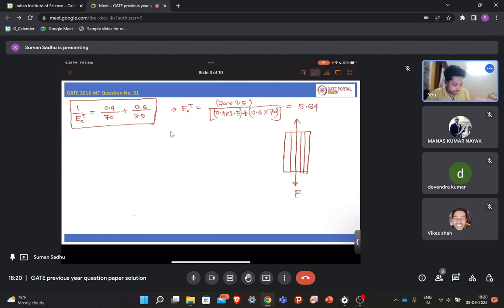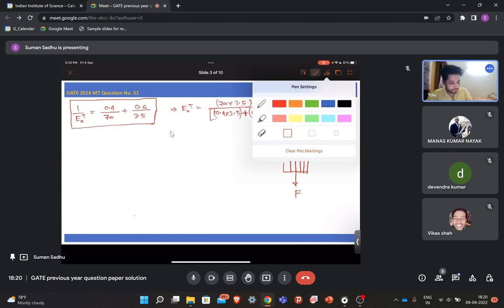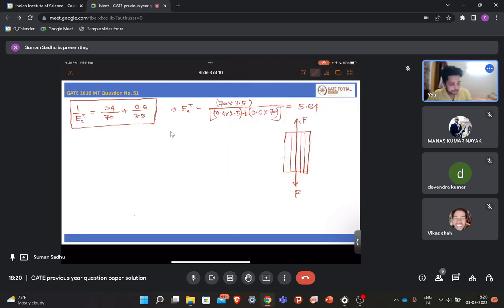Now you are loading in the longitudinal direction. Earlier we loaded in this direction, right? Now we are loading in the longitudinal direction. So in that case, what will be the elastic modulus? Do you know how to approach it? Anyone?